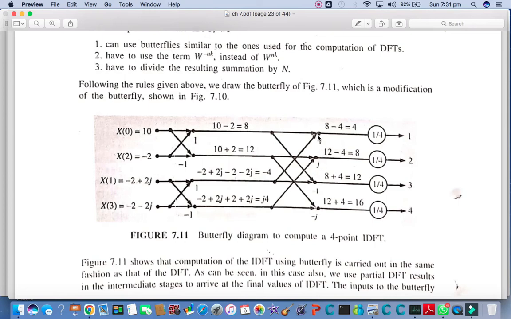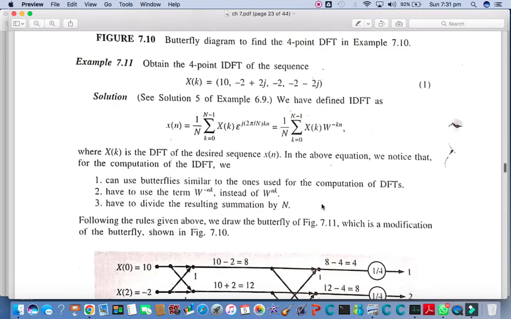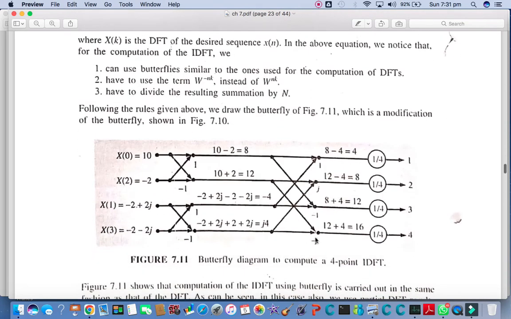Then W0 will be the same sign value from the table. W1 was actually minus j, but we will be changing its sign. And then W2 will be the same sign and same value, and W3 was actually j, but we have put over here minus j.